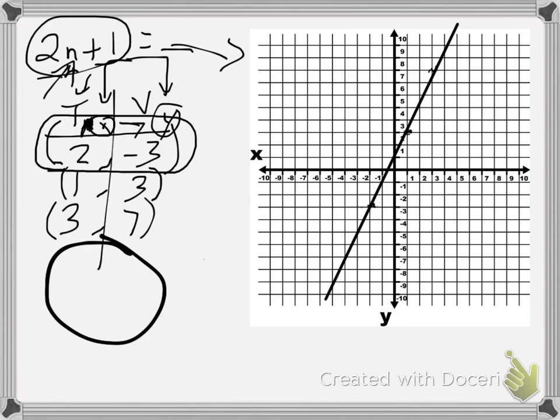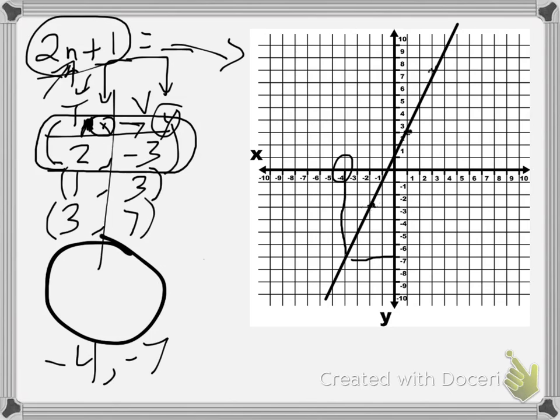So for instance, if I was to look at term number -4 right here, I would go over 4, and then I would see that the line travels down to right there, which is -7. So I know that the -4th term is going to have a value of -7. Same thing if I go over onto the positive side.